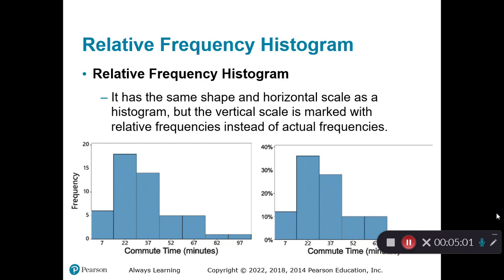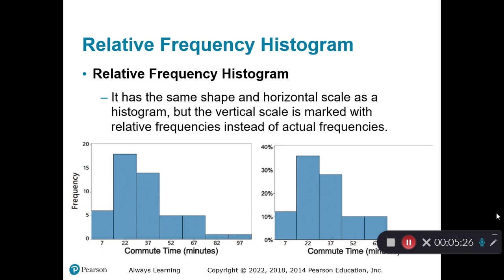That means that this histogram has those frequencies displayed as relative frequencies, as percentages of the total. So for example, that first bar, which had a frequency of 6, also had a relative frequency of 12% or 0.12. And that's exactly how we determine that height here in the second histogram.